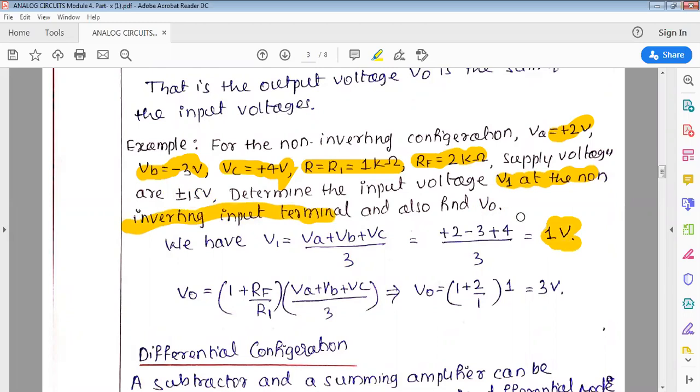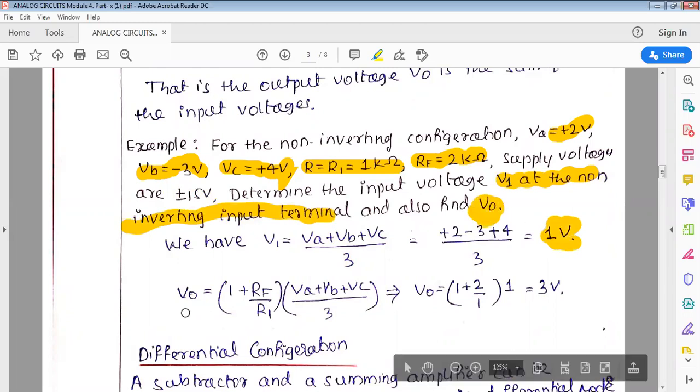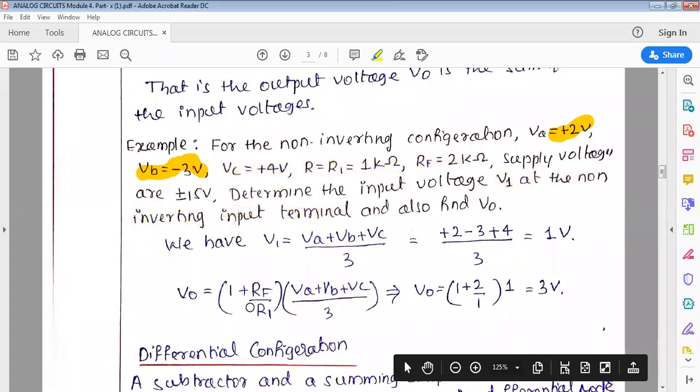And hence we need to calculate V0 also. So how to calculate V0? V0 is nothing but the gain of the non-inverting amplifier, that is 1 plus RF by R1 into VA plus VB plus VC divided by 3. And this second part we have calculated, that is 1 volt. And 1 plus RF by R1: check the values that are given.